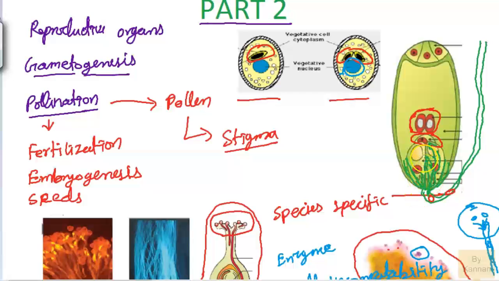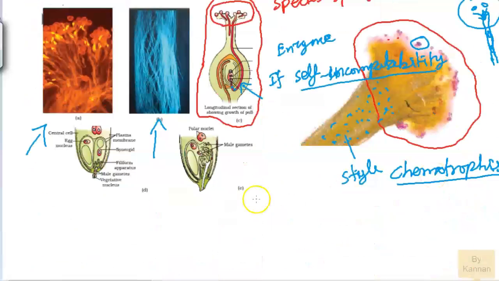So these are the three variations. The tube cell just grows inside the embryo sac and delivers the generative cells. Okay, in different plants different kinds of approaches will be followed. Fine. Now the fertilization process.